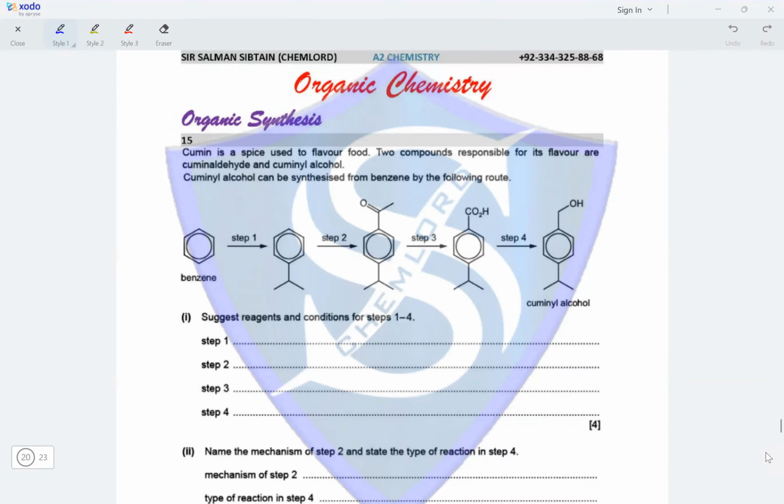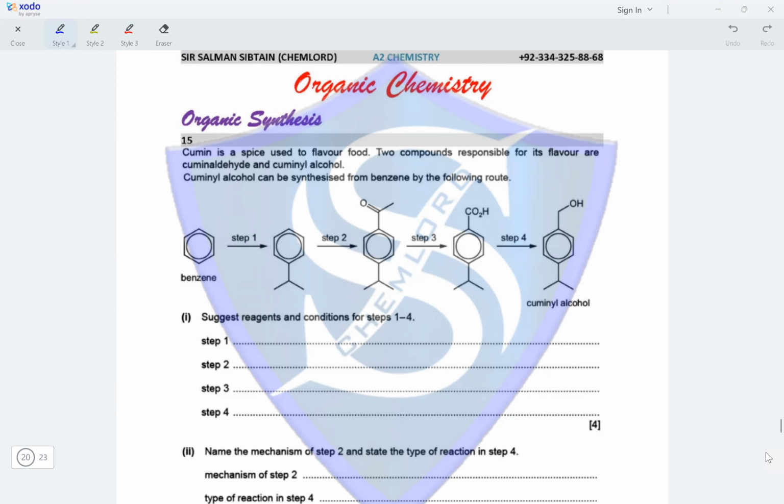Question 15. Cumin is a spice used to flavor food. The compounds responsible for its flavor are cuminaldehyde and cuminyl alcohol. Cuminyl alcohol can be synthesized from benzene by the following route. So benzene is converted into an alkyl benzene, which is then converted into an aromatic ketone, which is then converted into a carboxylic acid.